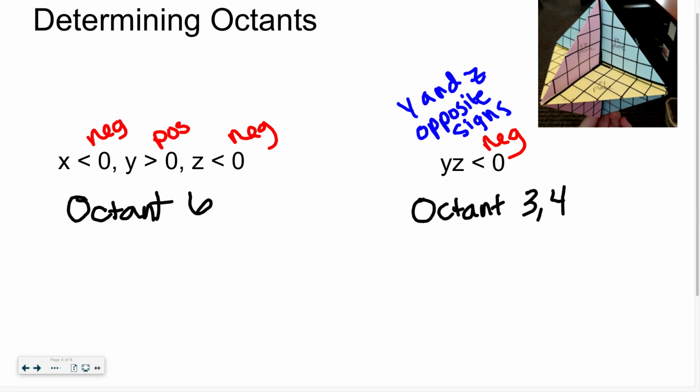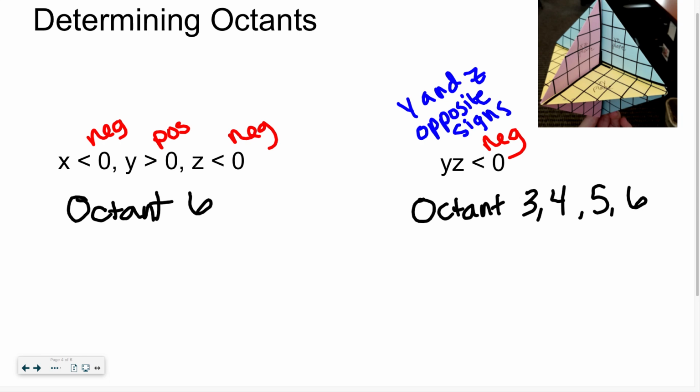And then what octants in the basement will give you opposite signs? In the basement, z will always be negative, so you need to find out which octant in the basement has a positive y. Y is going left and right, so we want to go right. So we would choose octant 5 and 6.